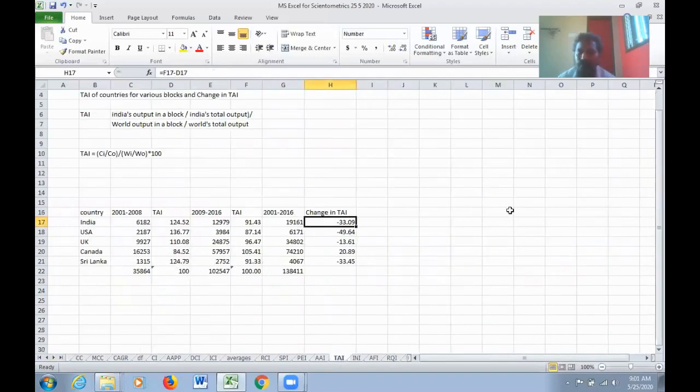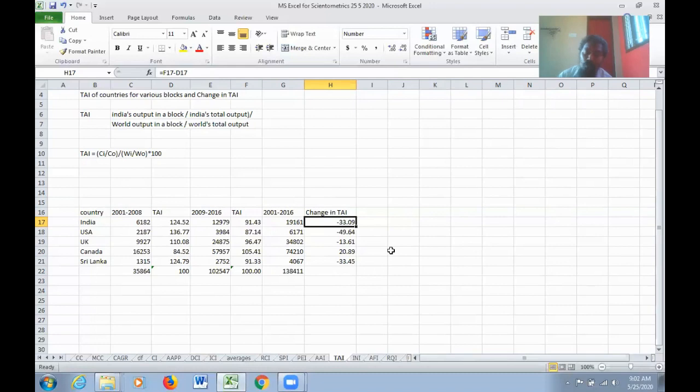The only thing is that instead of calculating activity index for a single year, we calculate activity index for blocks. You take 2001 to 8, 2009 to 16. You calculate the total number of publications of the entire block period. For the block period, research output for a few years, if you calculate activity index, then that is called the transformative activity index.